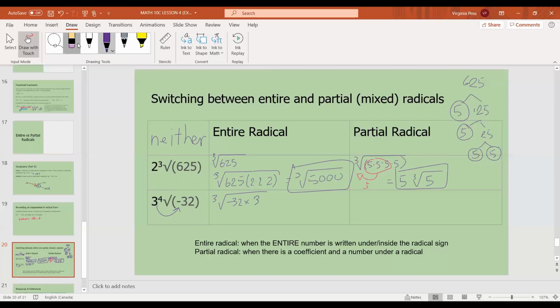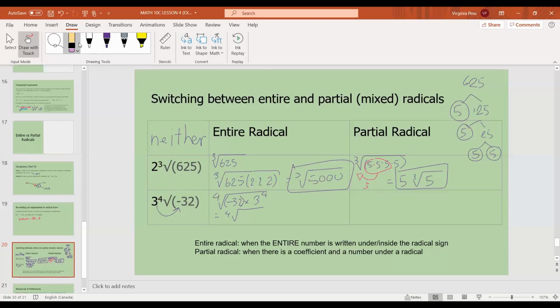Oh no, the index is not 3, my bad, it's actually 4. We bring this inside as 3 to the 4, which would give us negative 32 times 3 to the 4. Oh no, it's not negative, because the bracket is part of the base, so it actually changes our answer. It's positive.